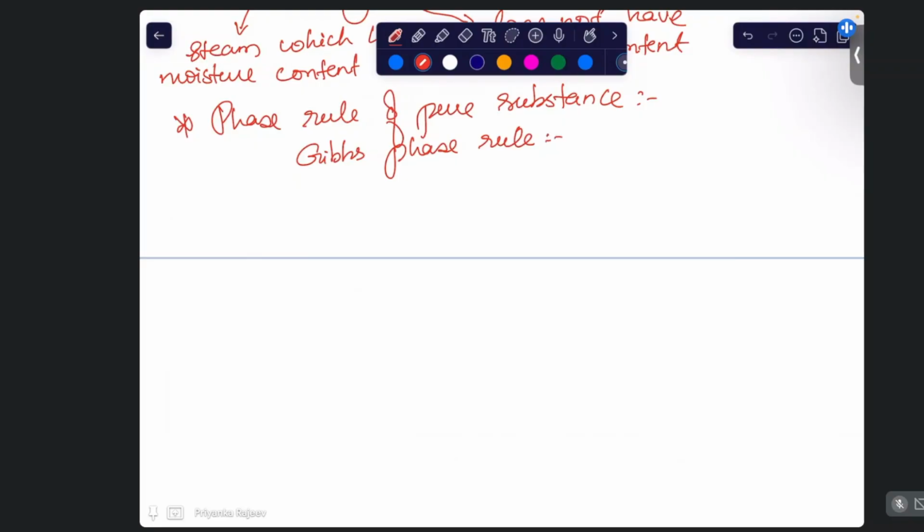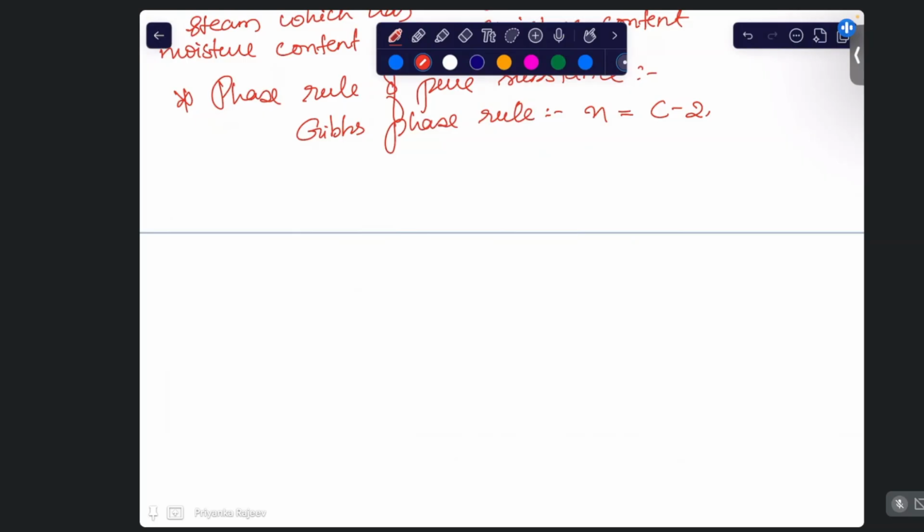It is given by N equal to C minus 2. N is the number of independent variables, and C is the number of components or number of phases present in equilibrium.